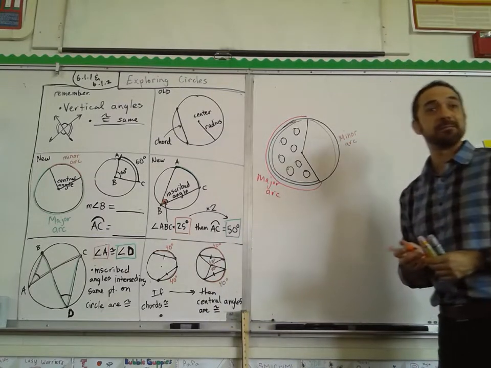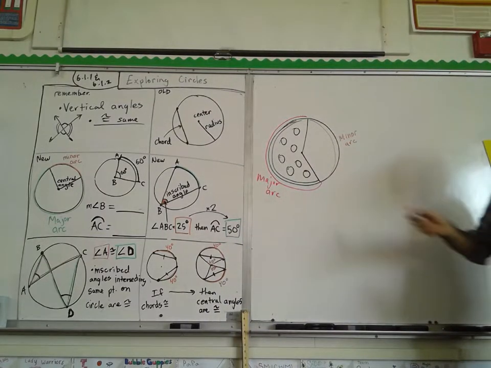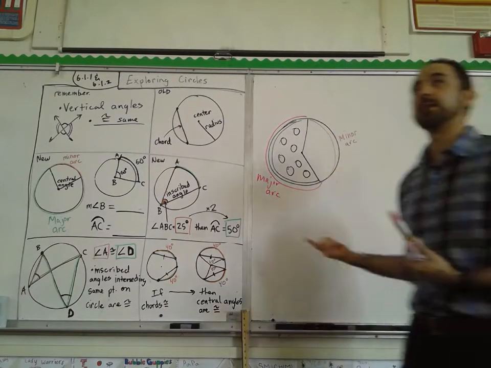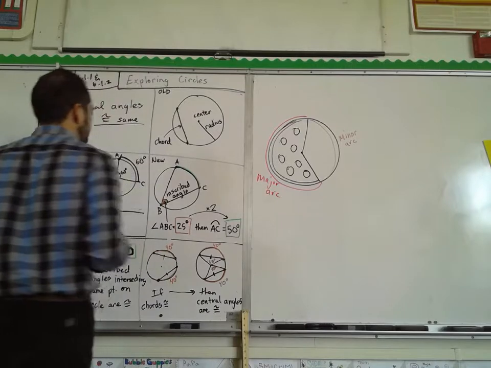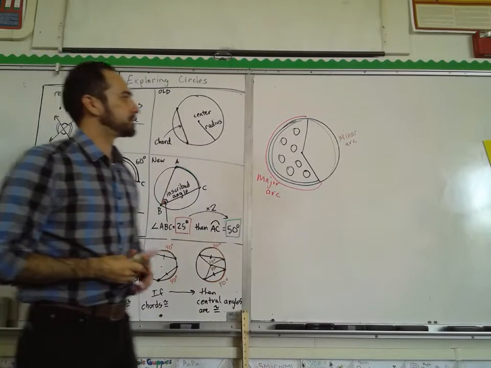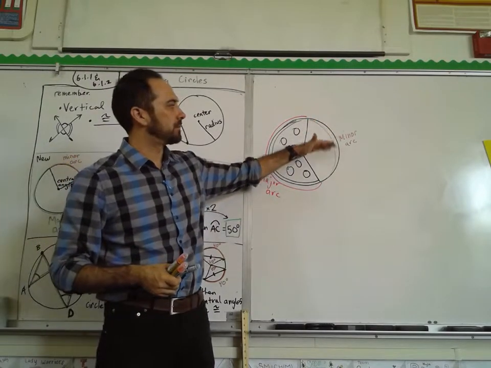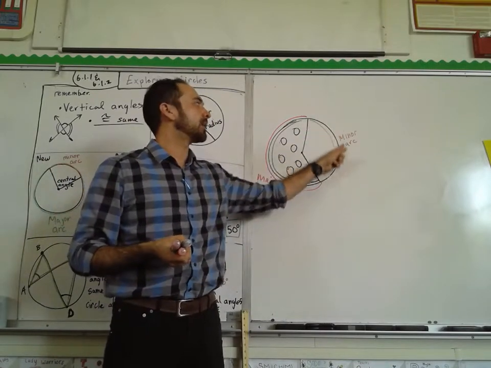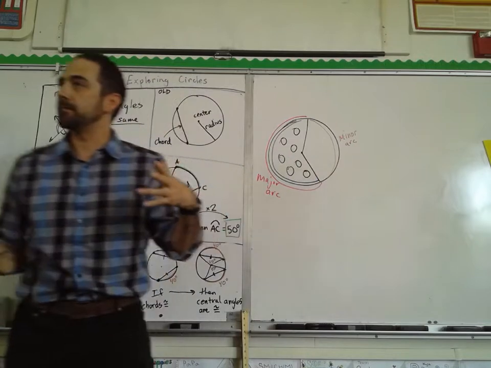All right? You have the central angle, which is this central angle right here, goes to the center. So we just learned this. Actually, we didn't yet. But this degree from the central angle, it's a perfect match. Whatever the central angle is, that arc that it creates is going to have the same measurement. We're talking about degrees.